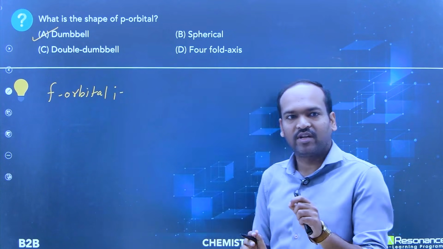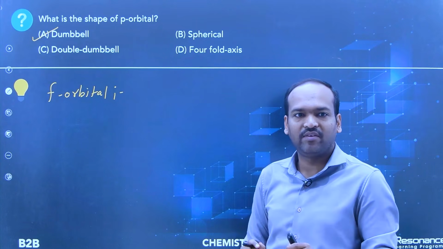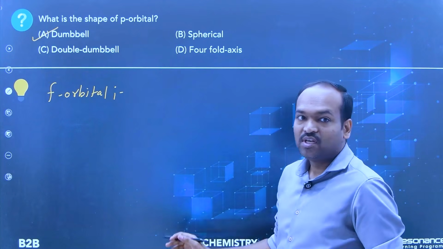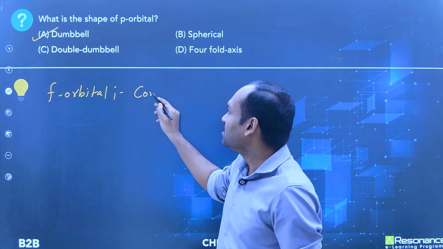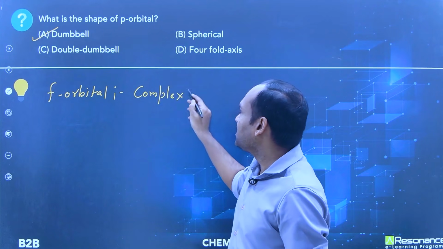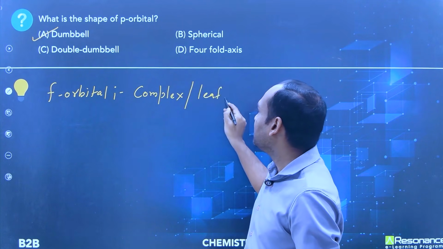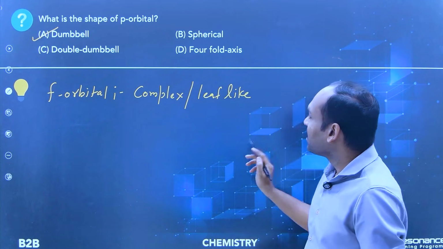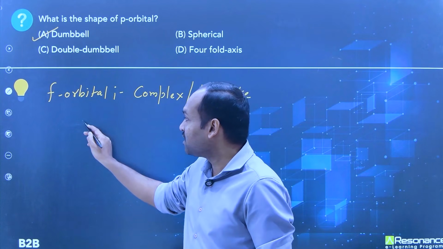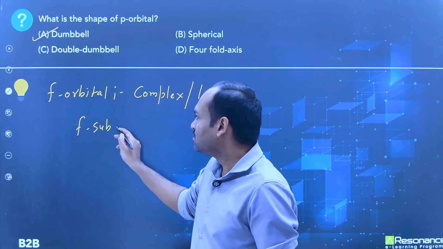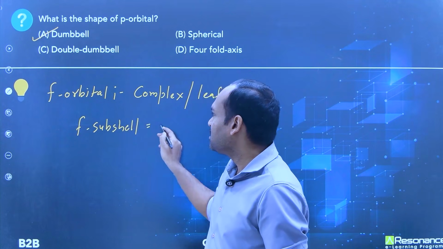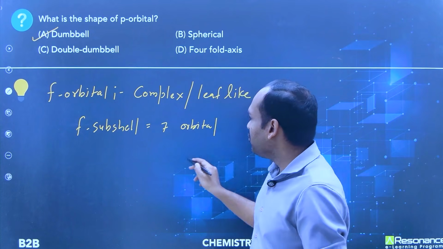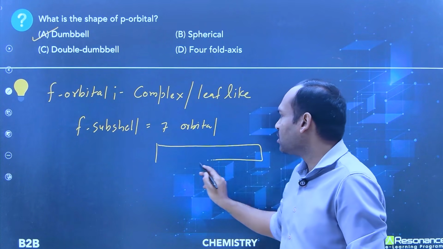You got yesterday's PPT, na? In it I gave all the diagrams of this. F orbital is complex and leaf-like. The f subshell has 7 orbitals, so we have to draw 7 boxes.